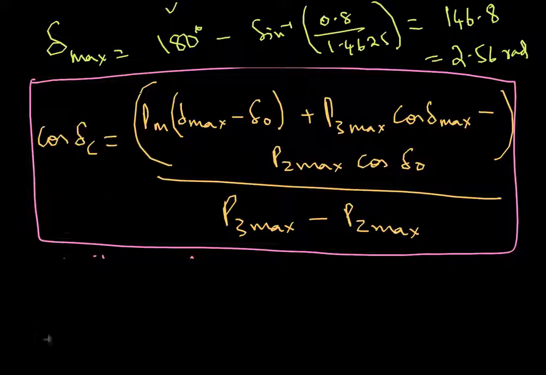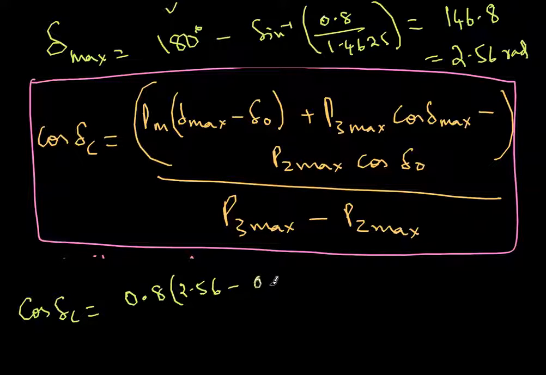So here is the formula. From this, I'll find out cos of delta C equal to, PM is 0.8 given in the question, and delta max in radians is 2.56 radians, minus delta naught. Delta naught also I have to give in radians, so that is 0.46, plus P3 max we just calculated, that is 1.4625.